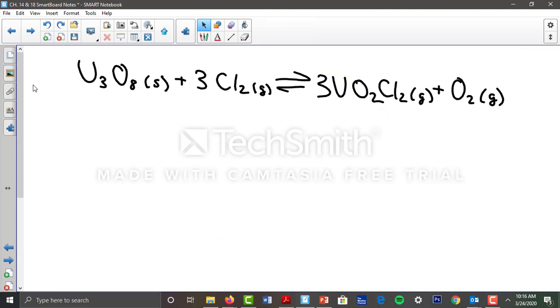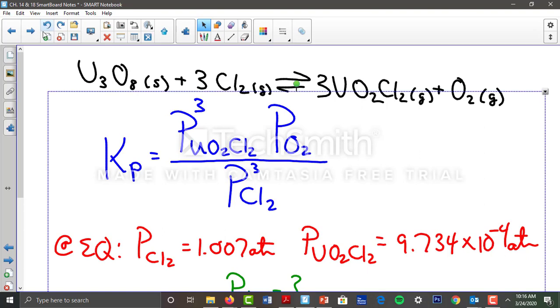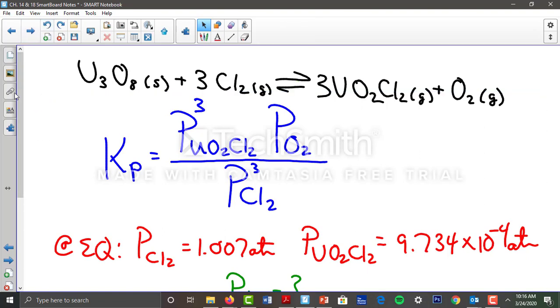Here's another last example. This was on an AP exam a couple years ago where they gave students a solid, U3O8, reacting with chlorine gas to produce 3 UO2Cl2 and O2 gas. So they gave students an equilibrium expression. Now notice in this equilibrium expression, the U3O8 is nowhere to be found because it's a solid.